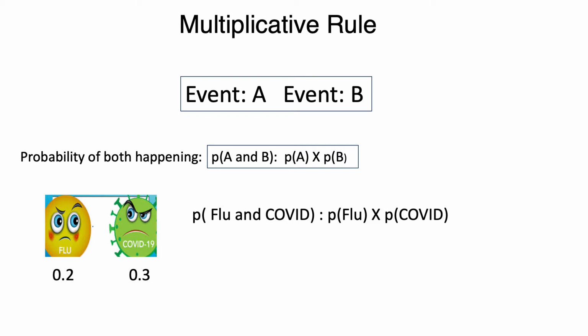It will be the probability of getting flu multiplied by the probability of getting COVID. So the result will be 0.06 or 6%. Remember, these are independent events.